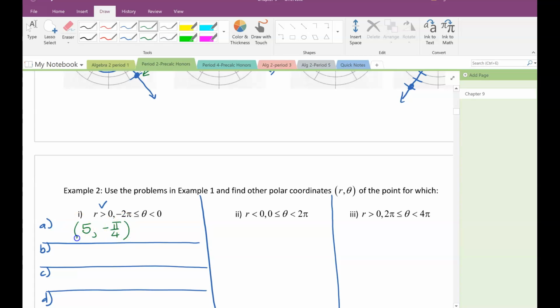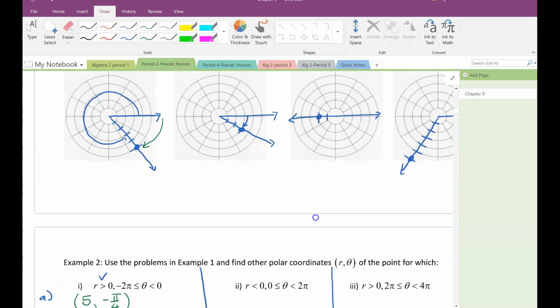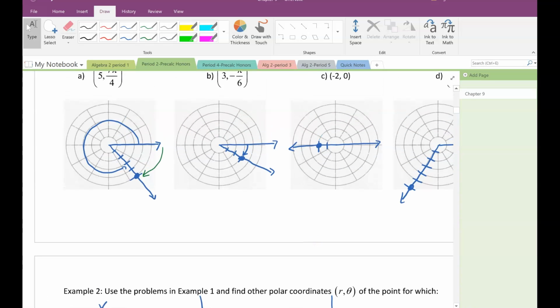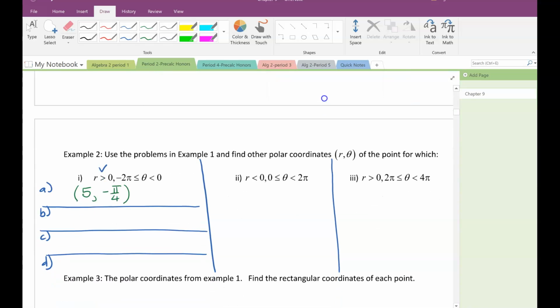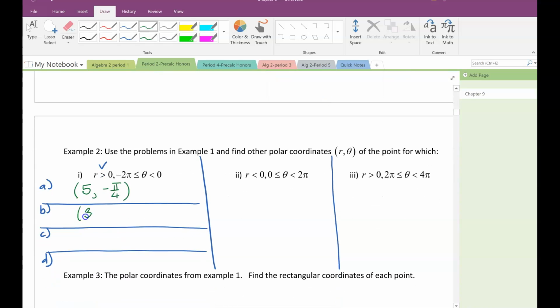This polar coordinate will still give us the same exact location. Now let's go to B. In B, again, we already have a positive radius of 3, and we already have a negative angle. So we don't have to change anything on B.